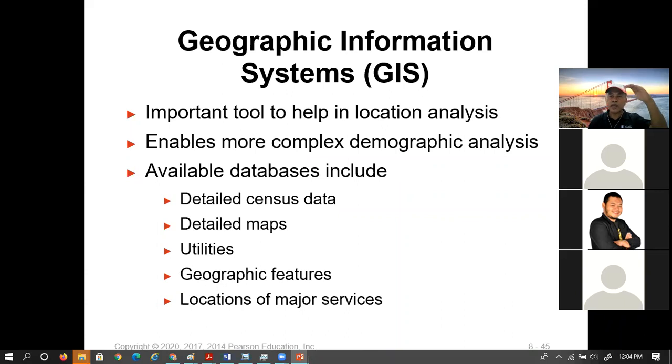Like using Grab, for example, in our country, Grab business. The customer orders transportation, then the GIS will analyze so we can understand where the service car is nearby the order location.